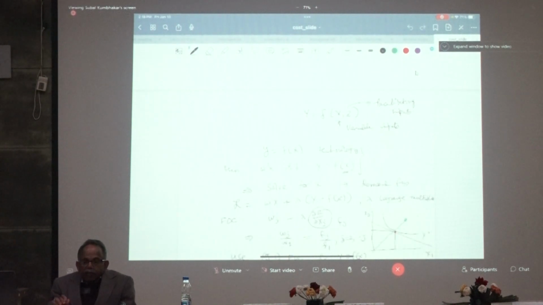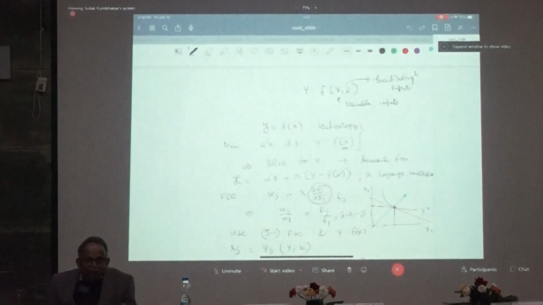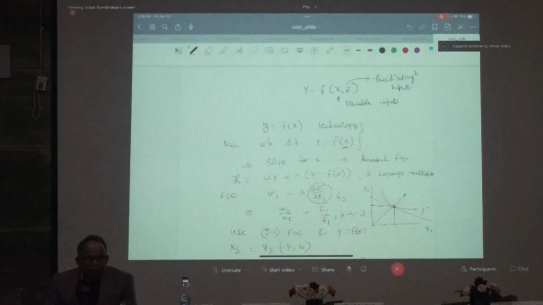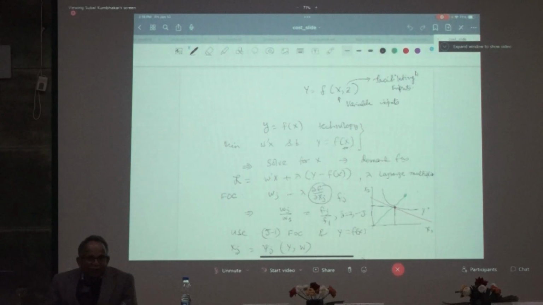So think in terms of a production function. I'll go through a little bit of algebra, but again this is not econometrics. Again, I'm assuming, as I mentioned before, that math is not a problem for you or should not be a problem for you. If you say it's a problem, I won't buy that. I will say, no, you are not telling me the truth. Okay?